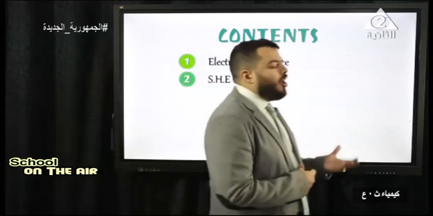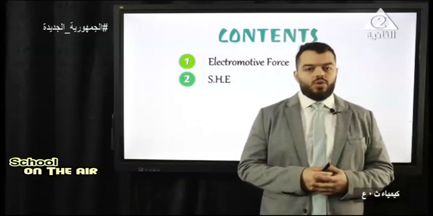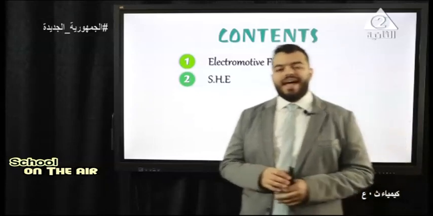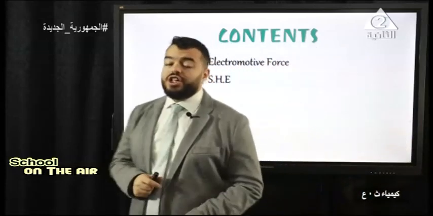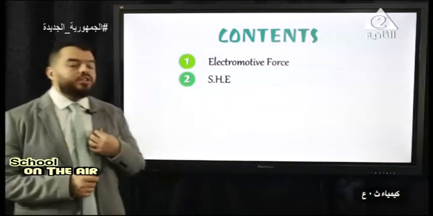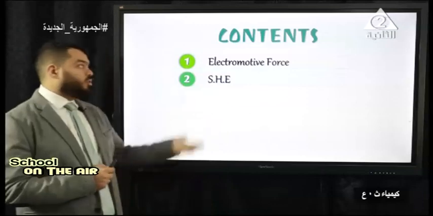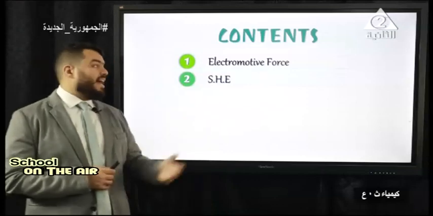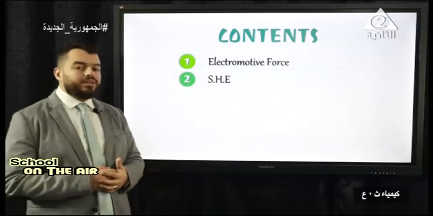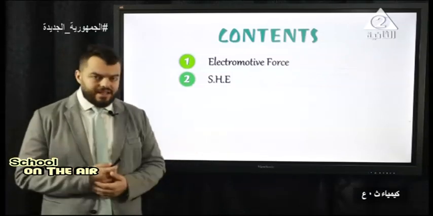The zinc has higher oxidation potential, so it will be oxidized. And the copper rod has lower oxidation potential, so it will be reduced. And how do we know that? We are going to study the electromotive force and the standard hydrogen electrode to know how we choose the anode and the cathode.